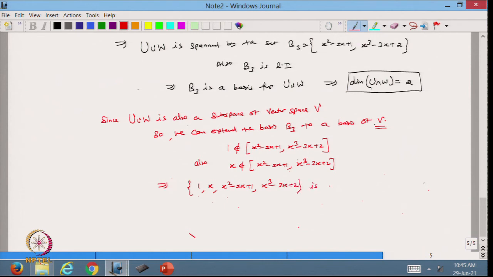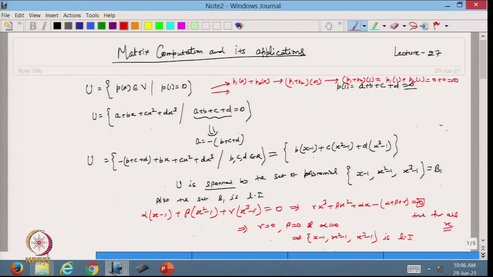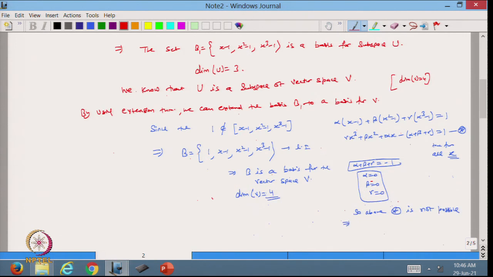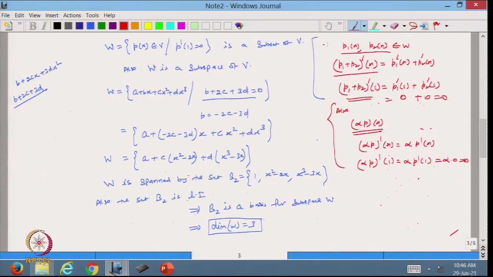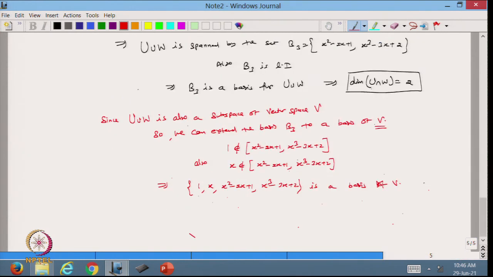So, now that is a basis of V. So, from here you can check that we are able to find 3 different bases for V. First we have found this one, then we have found another set, this one, and now we are able to find this set. So, it is also a basis of V using the extension theorem.